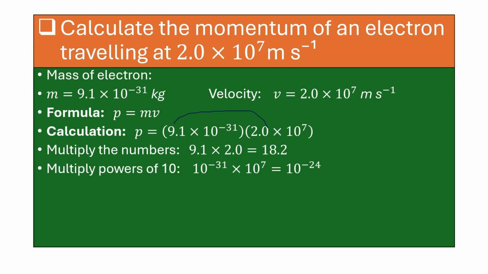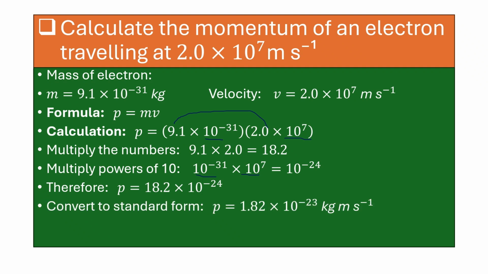Then you take the numbers which are in the power, 10 to the power minus 31 and 10 to the power 7. Now the bases are the same, so the powers are added. That means minus 31 plus 7 will give you minus 24. So therefore, what's the momentum? 18.2 into 10 to the power minus 24. Again, repeating the same thing, please convert into standard form.